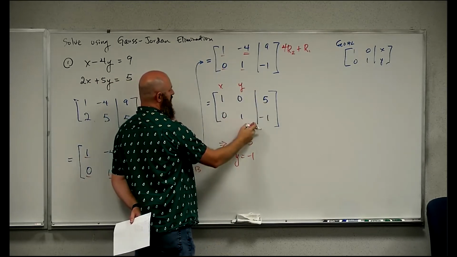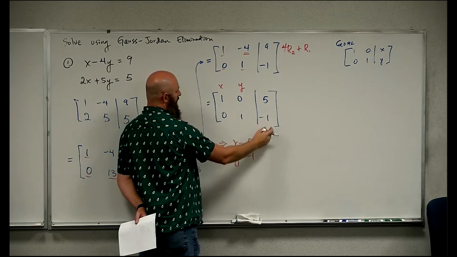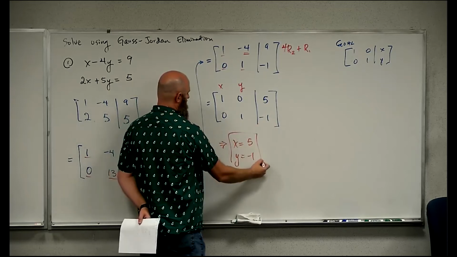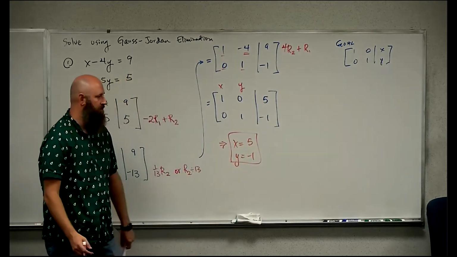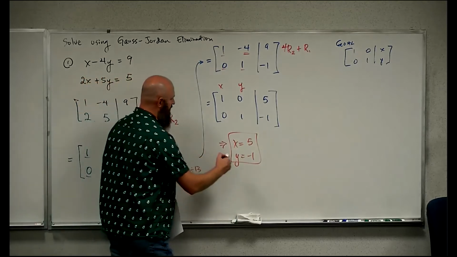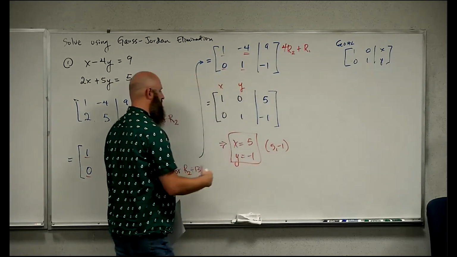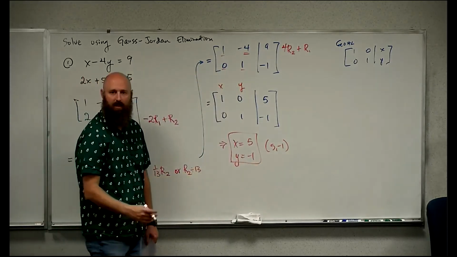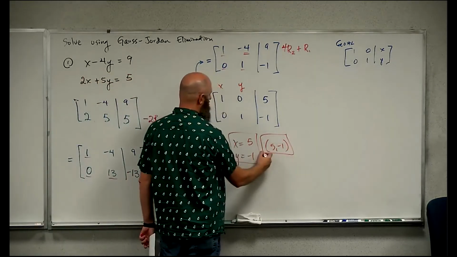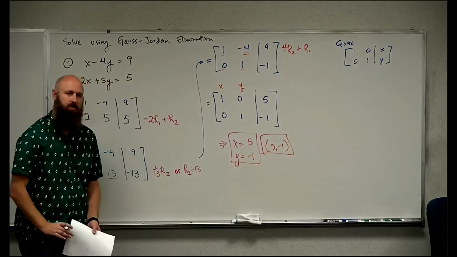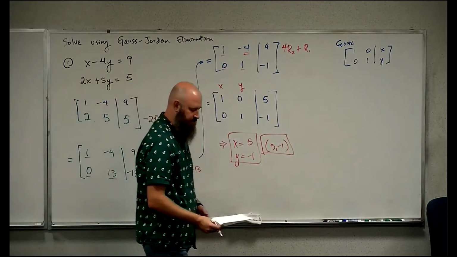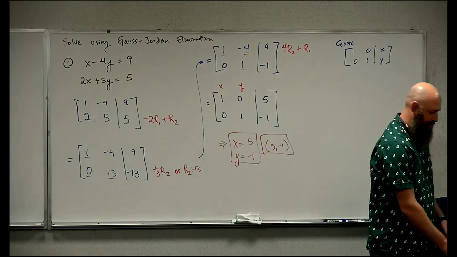No X plus 1Y equals negative 1, so Y equals negative 1. Okay, and then you'll need to see how they put it in. This can be written as an ordered pair, 5, negative 1. Since we're doing a system, we can write it that way, or they just may say X equals or Y equals. So pay attention to your instructions on how they want that written. Okay.